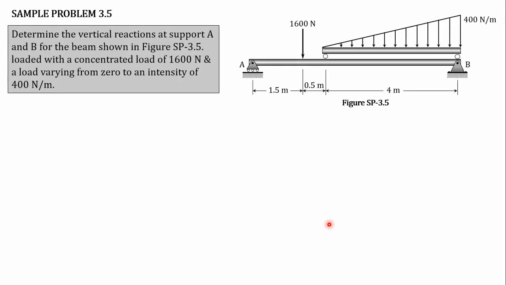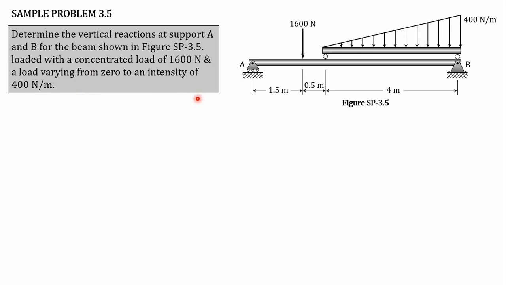Okay, paano naman kung ganito, class? Kung ganito yung beam natin. So, determine the vertical reaction at support A and B for the beam shown in figure SP 3.5, loaded with a concentrated load 1,600 Newton and a load varying from 0 to an intensity of 400 Newton per meter.